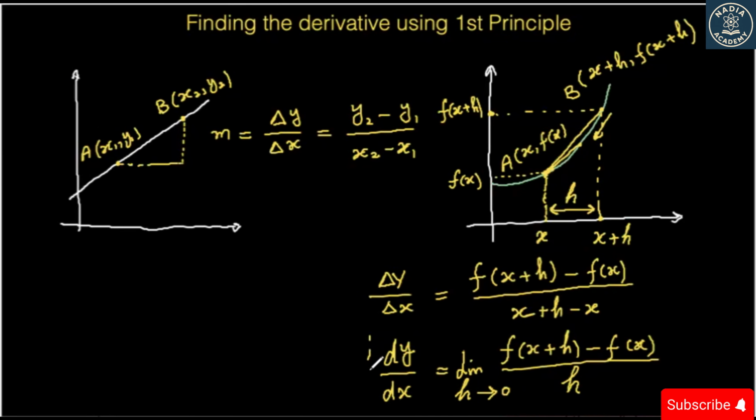So what is this? This is the definition of differentiation, or the first principle of finding the gradient, finding the derivative of any function f of x. Using this definition, we can find the derivative of any given function. Now, let's try a few examples using this definition to find derivatives.